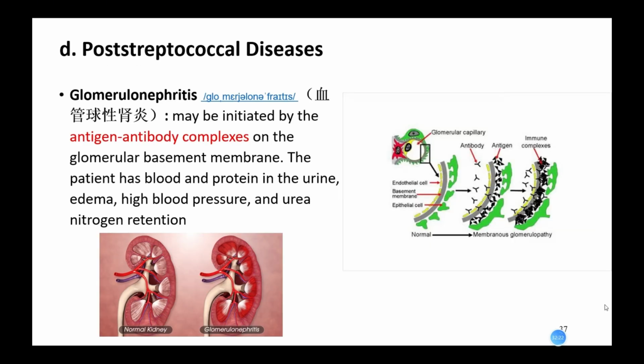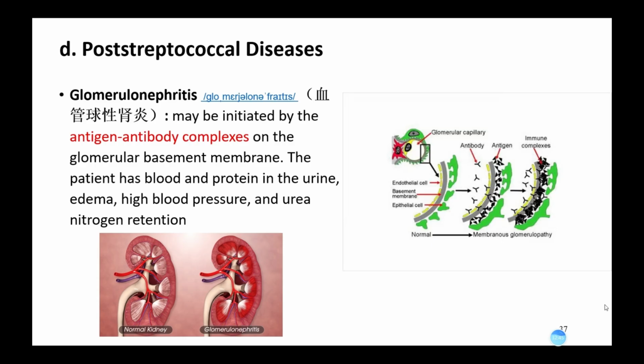The last type of disease is the post-infection disease, post-streptococcal disease. That's not due to the bacterial cell itself. During the streptococcal infection, your immune system produces a large amount of antibodies.